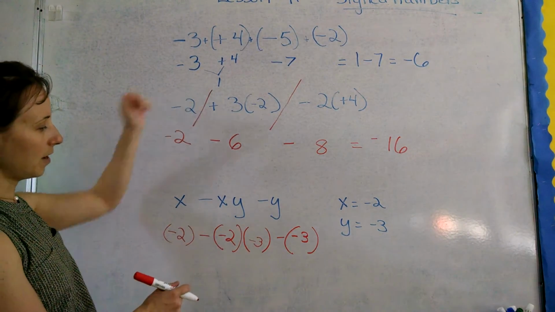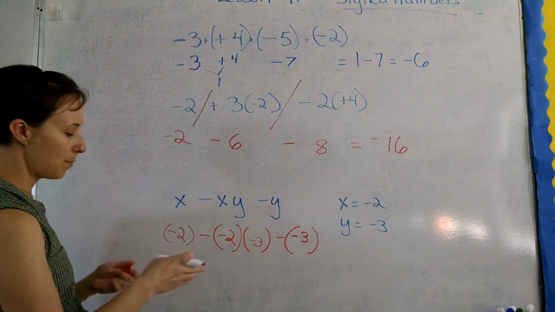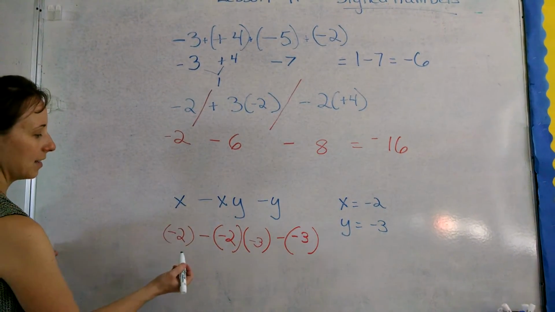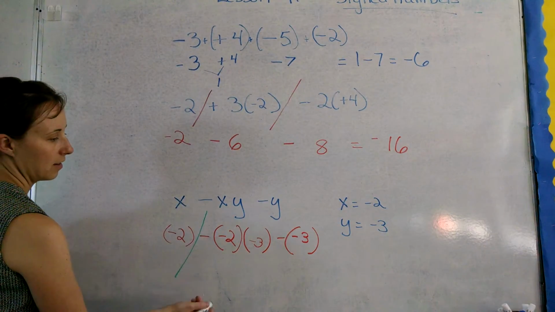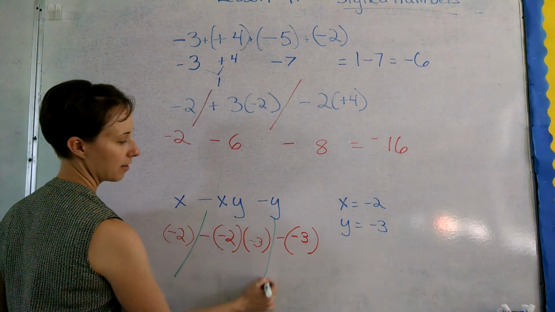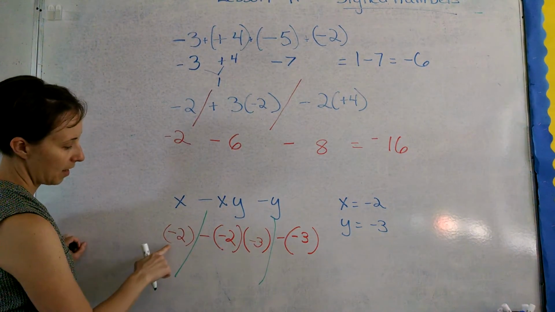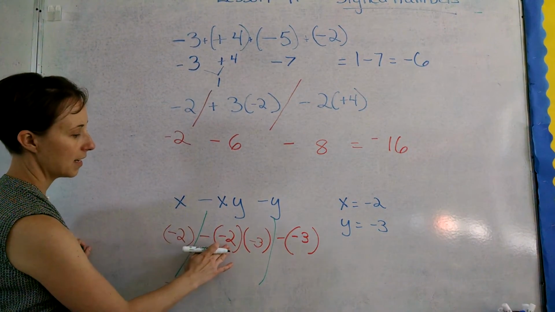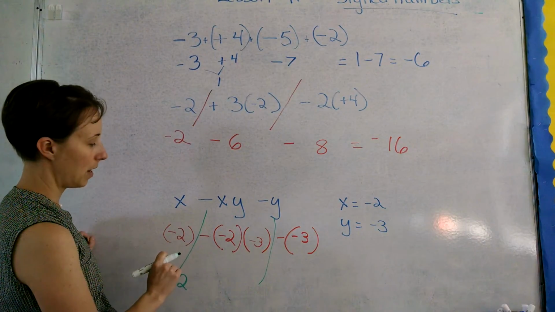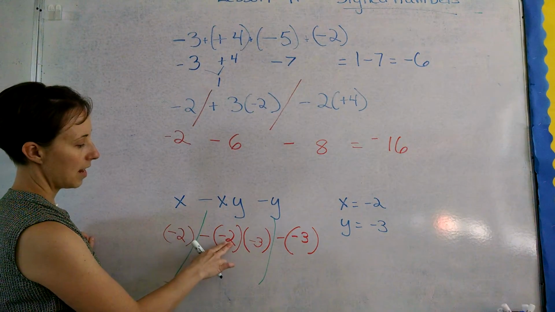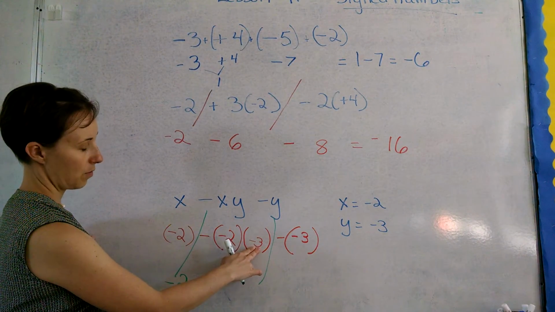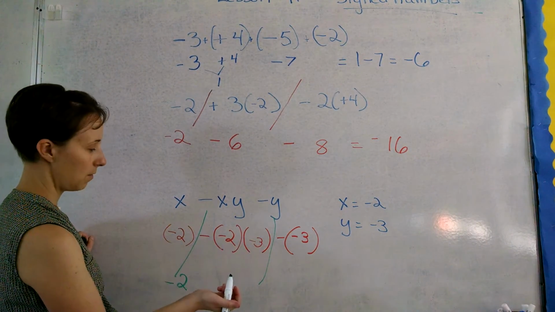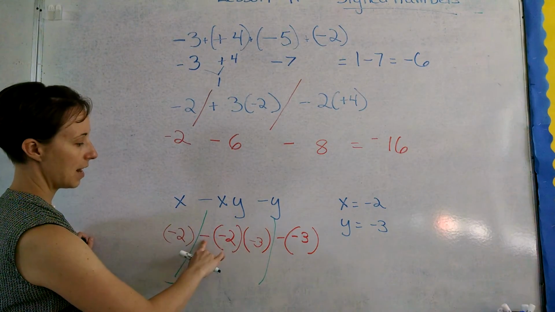Now let's do like we did up here, and let's look at it in parts. Let's look at this being a part, this being a part, and that being a part. Negative 2 minus negative 2 times negative 3. Negative 2 times negative 3 will give me 6. And a negative times a negative is a positive.